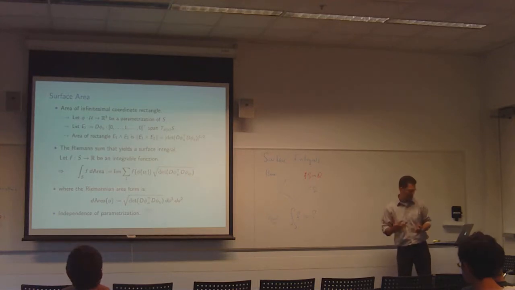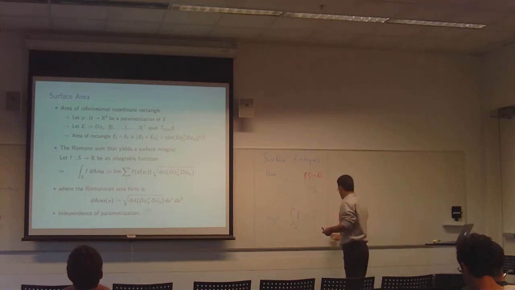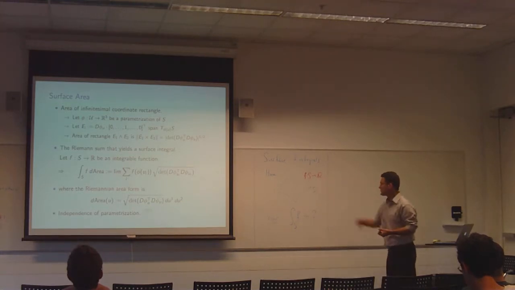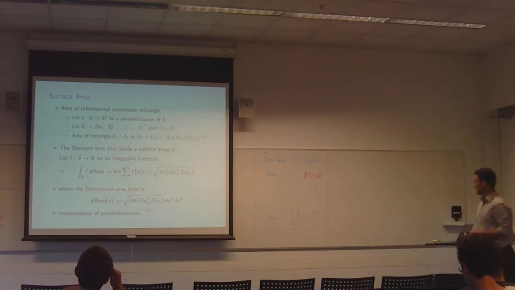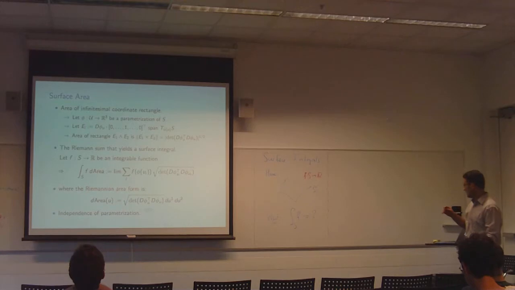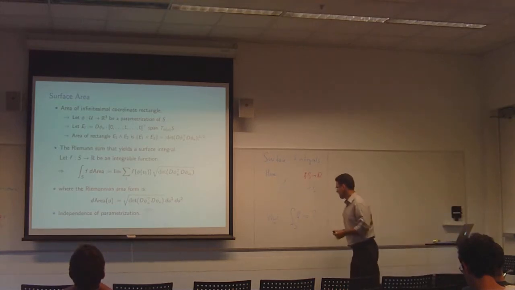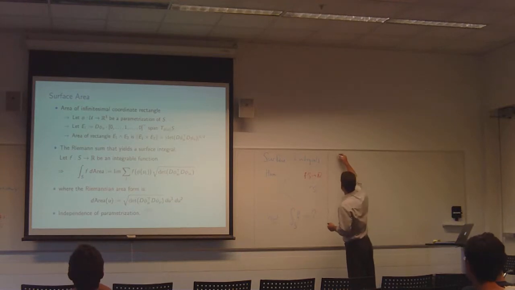And in Riemannian geometry, in fact, with what we've done so far, you can come up with the right way of defining this object. So what we're going to do now is just walk through this slide, which is the definition of this integral. Okay, so here's the first idea.